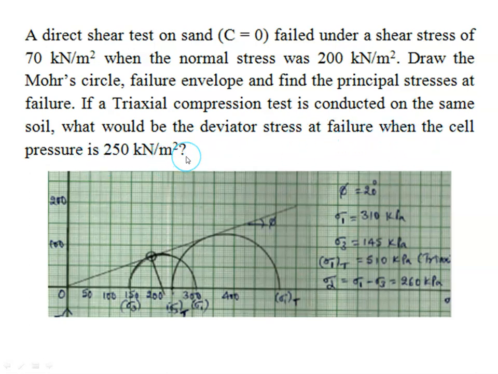So here this is a combination of direct shear test and triaxial test. Initially direct shear test data is given. Here it is mentioned that the soil is sand, so that the failure envelope starts from the origin. So 1 point is sufficient to plot the failure envelope. And here one set of readings is given corresponding to failure, that is normal stress is 200 and shear stress is 70.